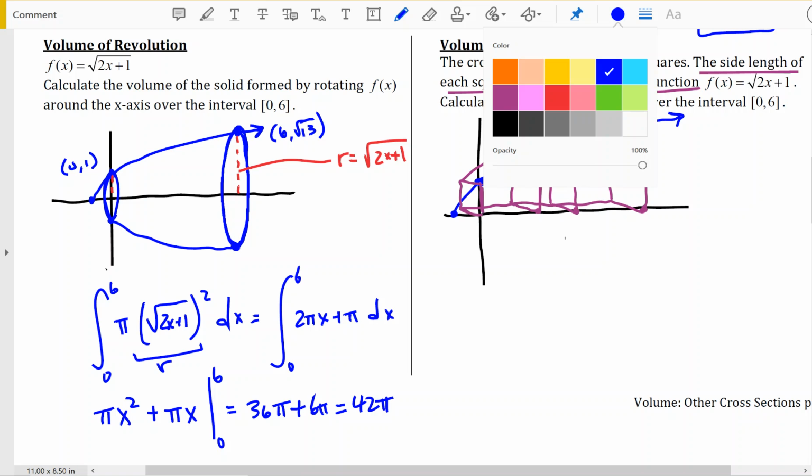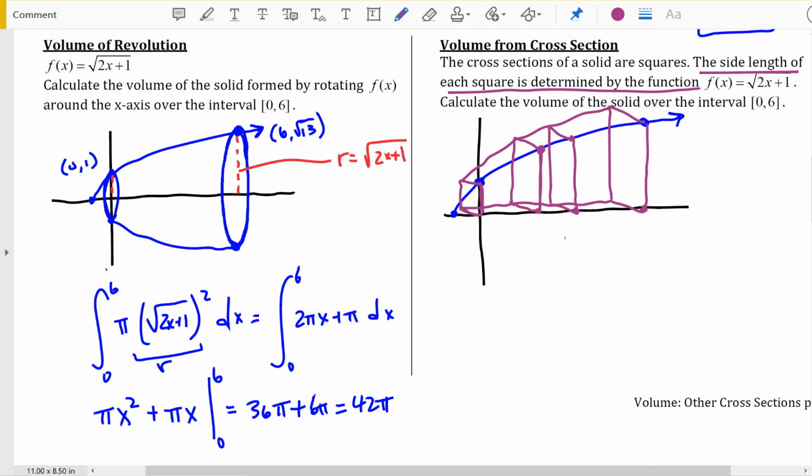So in our second problem, we've got cross sections that are squares, and the side length of those squares we know is equal to the function, square root of 2x plus 1. So then the question becomes, if I know the side length of a square, what is its area? Well, area is equal to the side length squared.